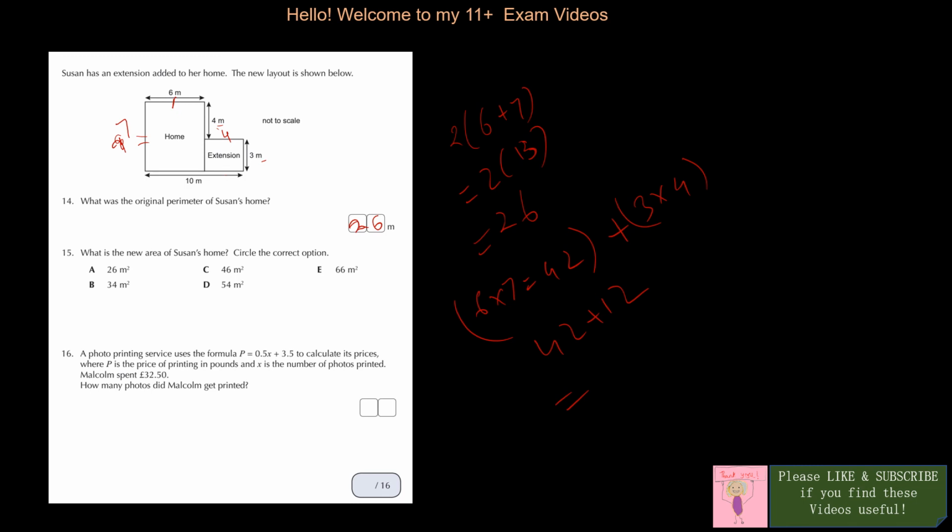Yeah, 10 minus 6 is 4 times 3 is 12 here, and 7. Okay, so we have 42 plus 12, and that is 54. So my answer is 54.